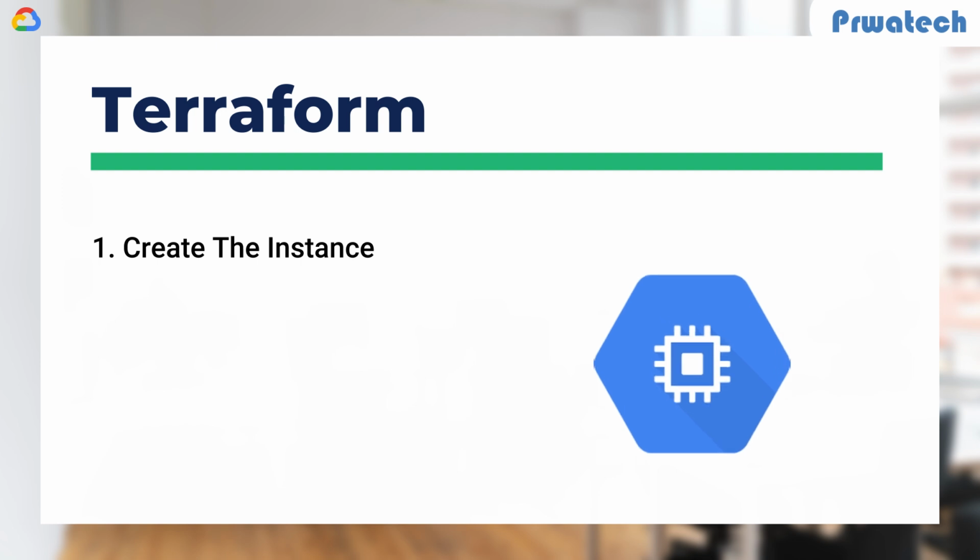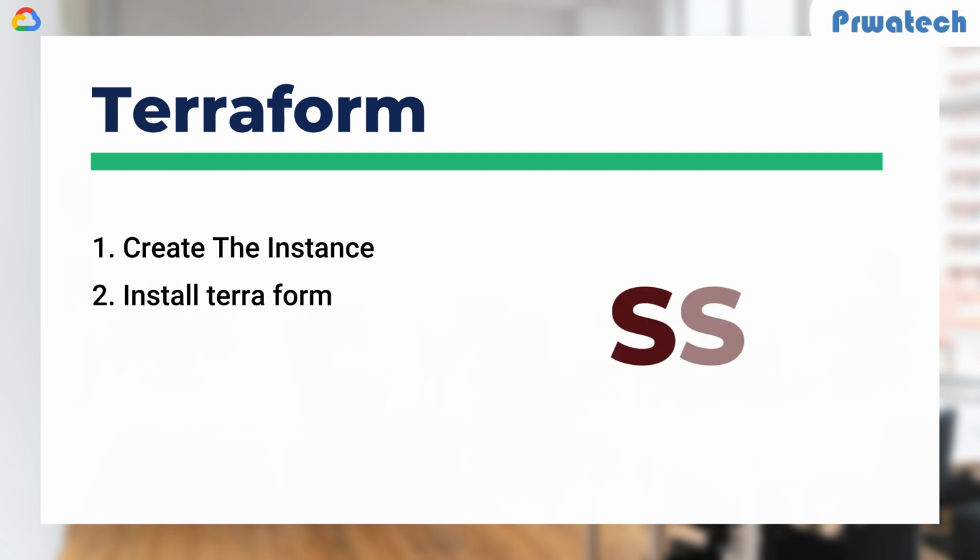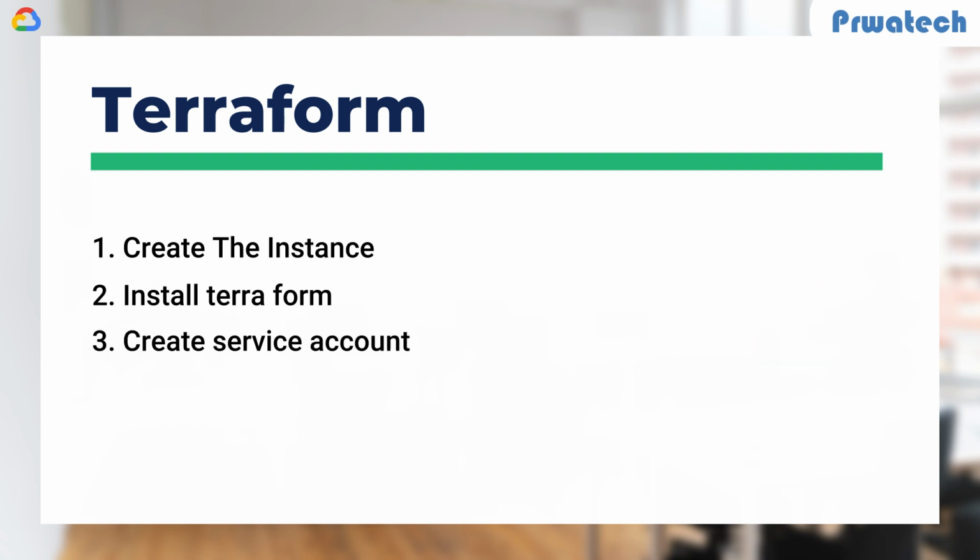The second step is to open SSH and install Terraform. The third step, you have to create a service account using IAM. The fourth step, you have to create the files. There are multiple files we have to create and we have to pass the code. So these are the multiple steps that we have to do.